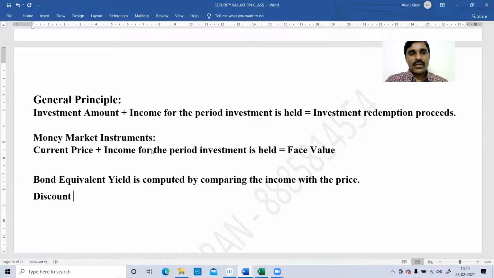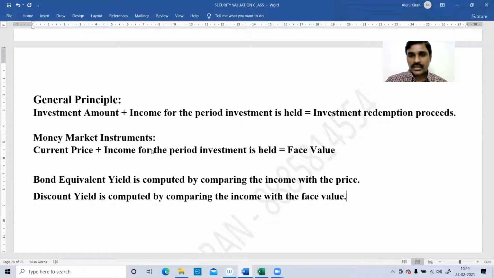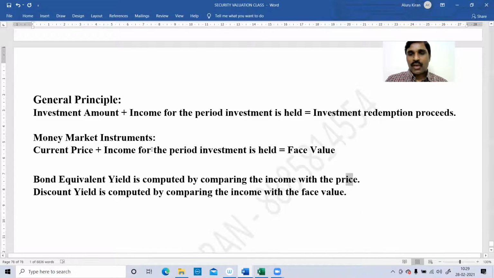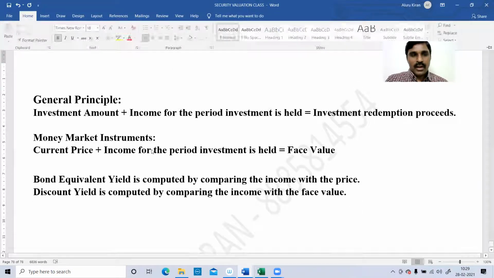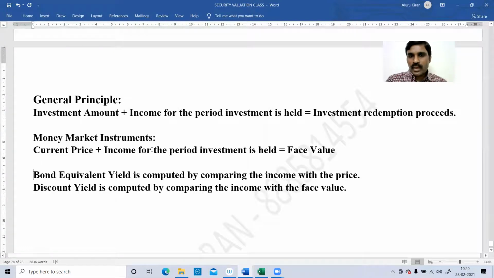Discount yield is computed by comparing the income with the face value. That is the difference. You need not memorize the formulas, just understand the concept. Bond equivalent yield is computed by comparing the income with the price, and discount yield is computed by comparing the income with the face value, right? But here one more point is there.